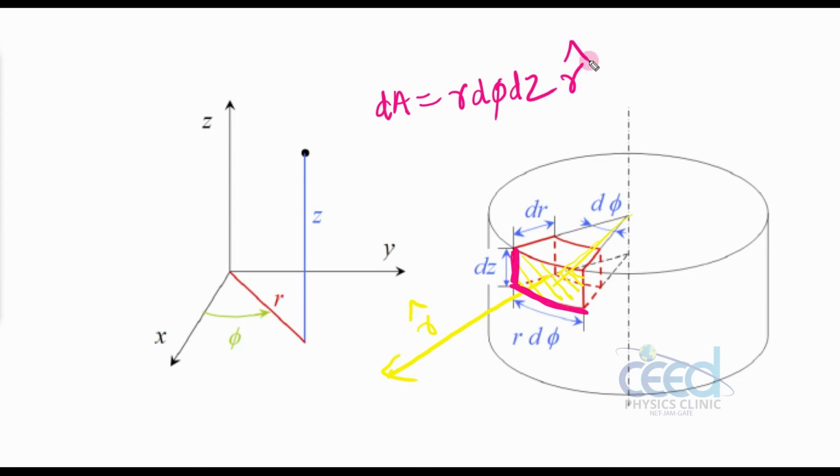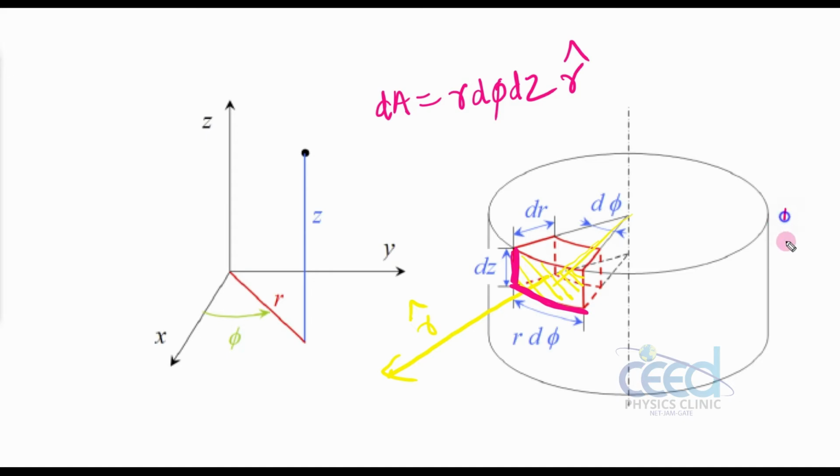Now you can check what you get if you integrate this. This is a small elemental area on the surface of the cylinder, so when you integrate it, you should get the curved surface area of the cylinder.